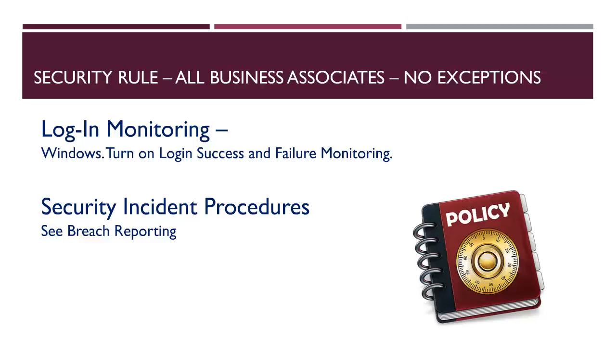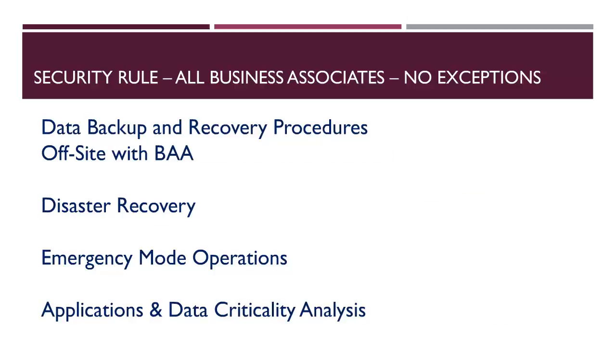Also make sure that security incident procedures are in place, such as breach reporting. Contingency planning is a huge part of the HIPAA security rule. So make sure that there are data backup and recovery procedures in place.